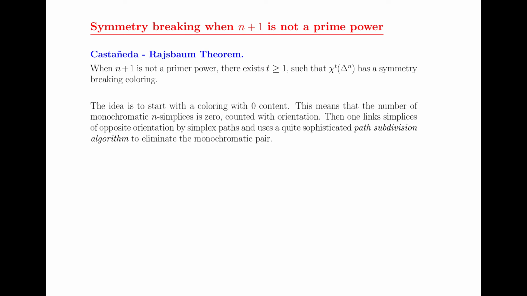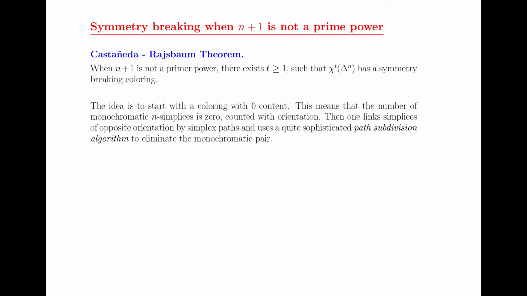So there was another theorem later, proved by a group of Mexican computer scientists, Castañeda and Rajsbaum, who, to a big surprise to everybody, actually constructed, sorry, this should be a prime, that when it is not a prime power, then they did prove that you can solve it.